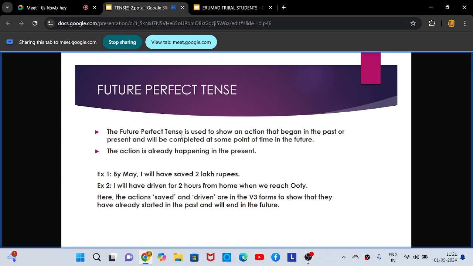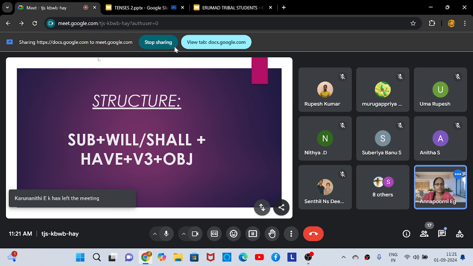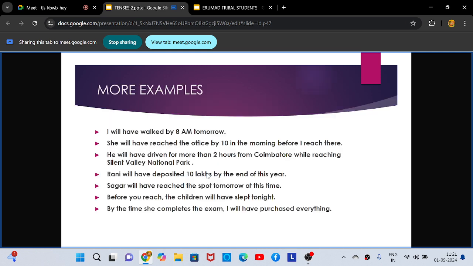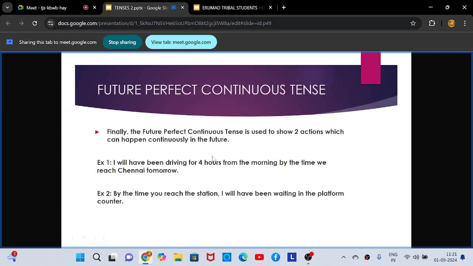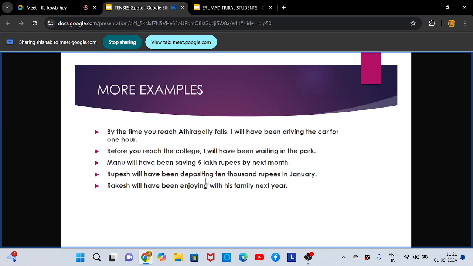Next, future perfect tense. Structure is subject plus will or shall plus have plus V3 plus object. And the last one is future perfect continuous. Subject plus will or shall plus have been plus V1 plus ing plus object. Okay, only the last two tenses may be a little confusing. That's okay, we shall try.